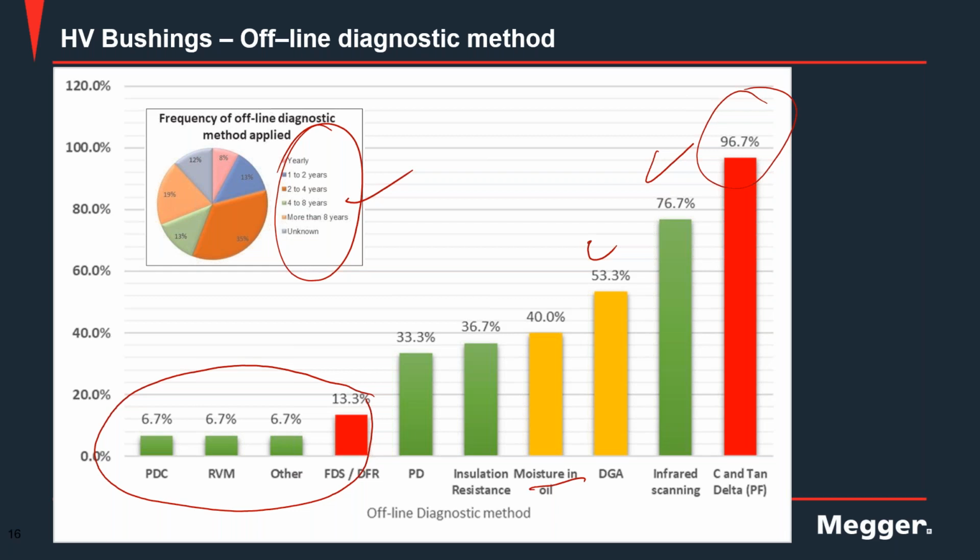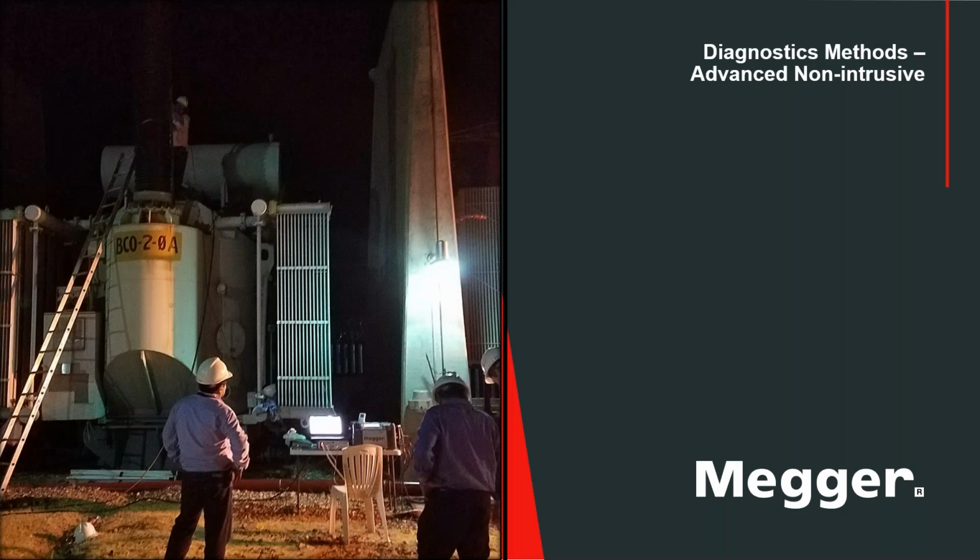The other reason is because your power factor value could be a first indication that you need to look also at the bushing. And I have seen many times that because we are rushing in the field, because we don't have enough time, we do the power factor testing on the transformer, and then we say, okay, we got an increased value here, but we need to re-energize the transformer. So, okay, let's re-energize, and then we look into these values.